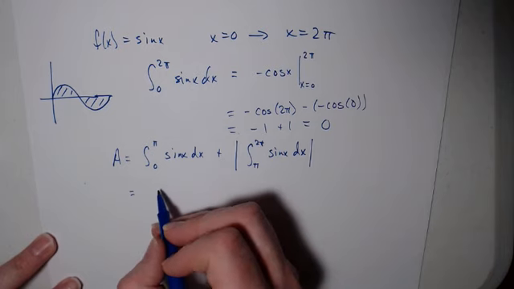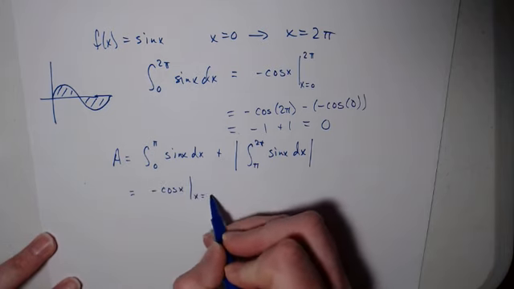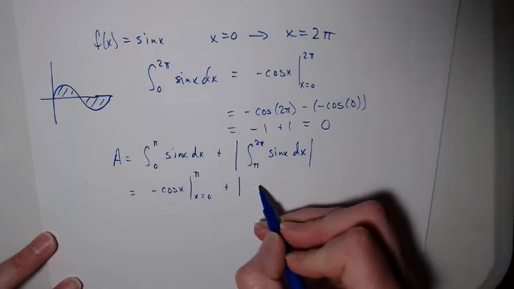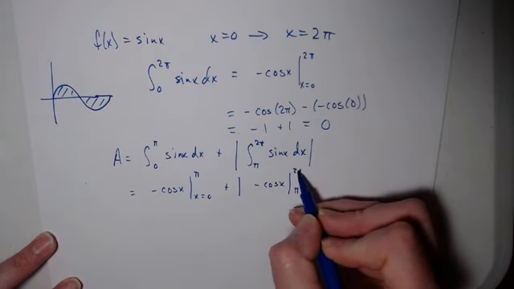So the antiderivative is still minus cosine x. We'll evaluate it when x is 0 and pi and subtract that, plus negative cosine x evaluated between pi and 2 pi.